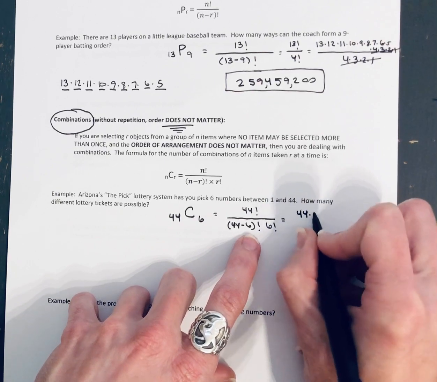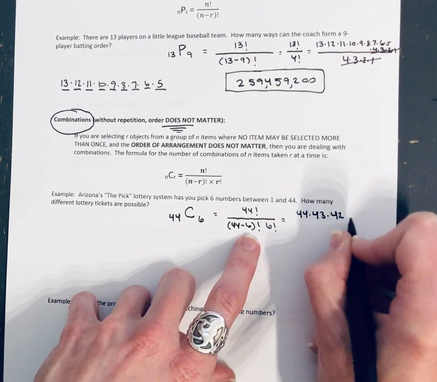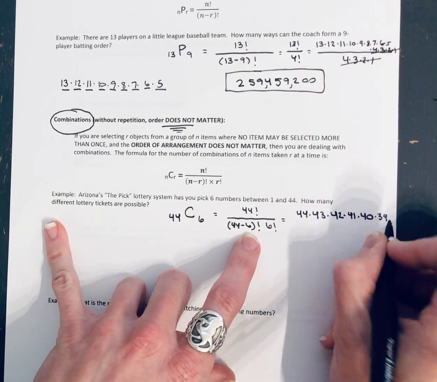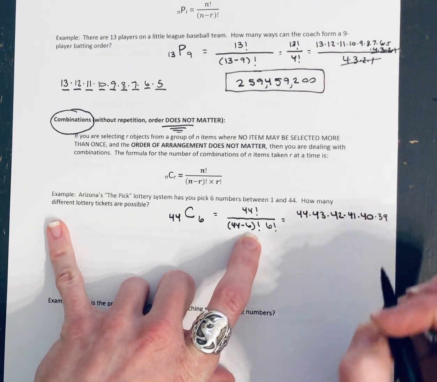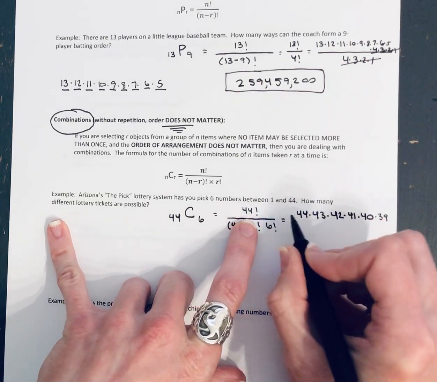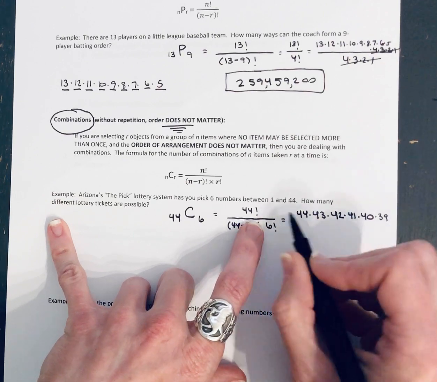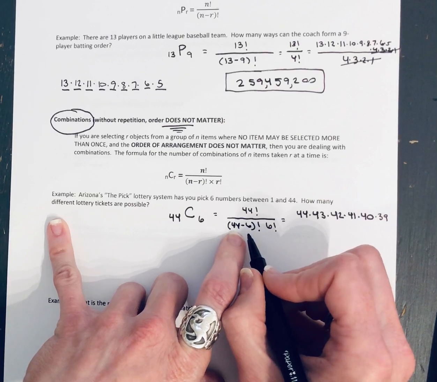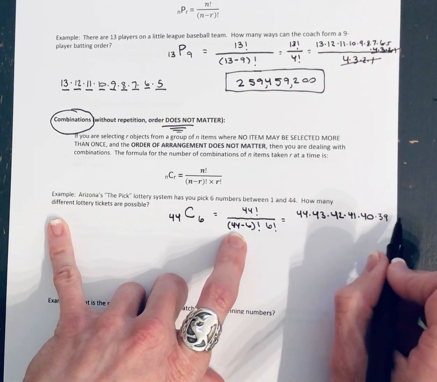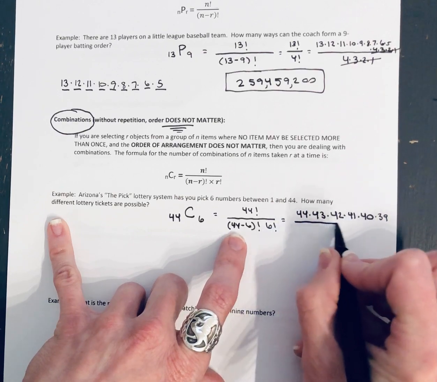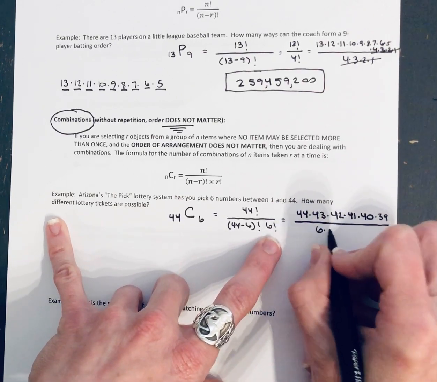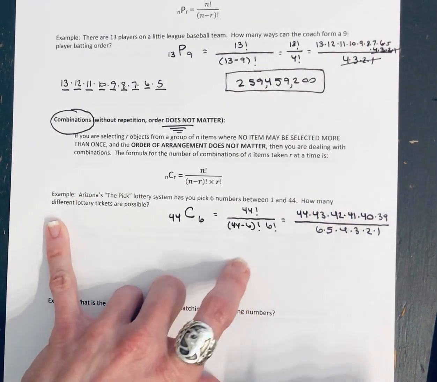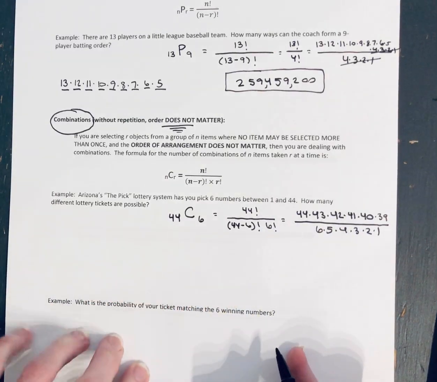So I'm just going to have 44, 43, 42, 41, 40, 39. And again, I would continue going all the way down, right? 38, 37, 36, all the way down to 1. But when I'm dividing out here the 44 minus 6, which is the 38 factorial, everything from 38 on down is going to cancel. So I'm just going to write it that way. And then we still have the 6 factorial.